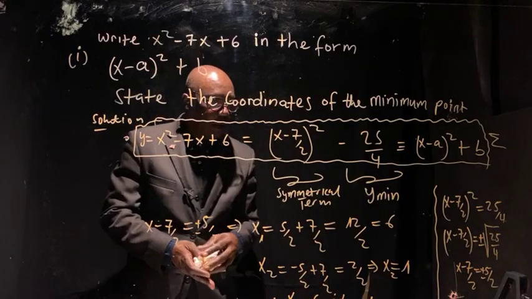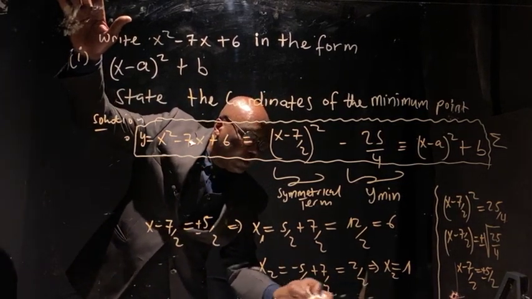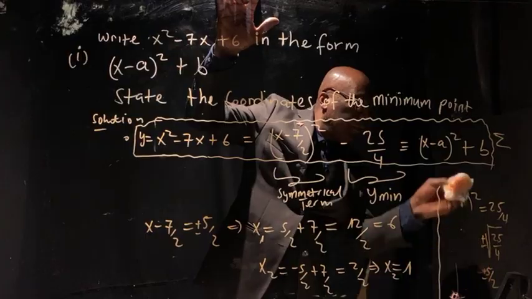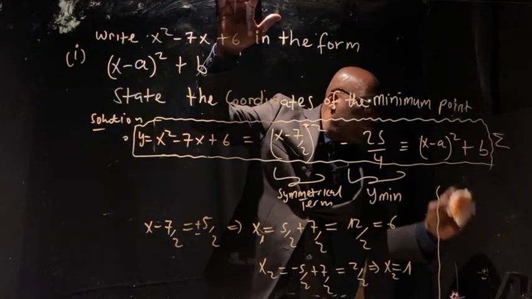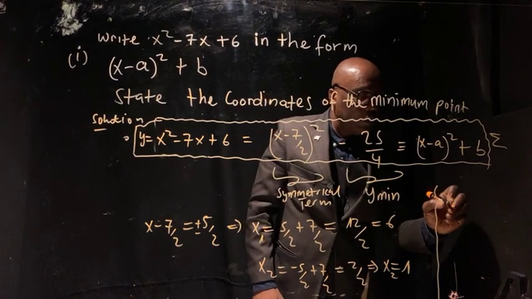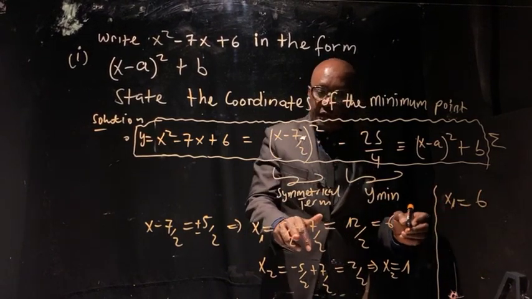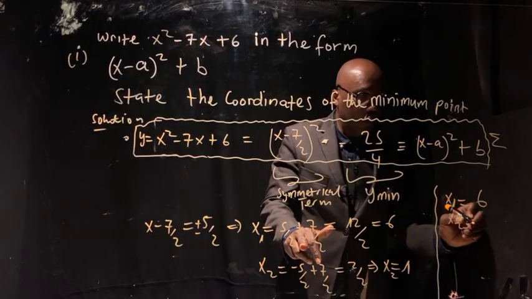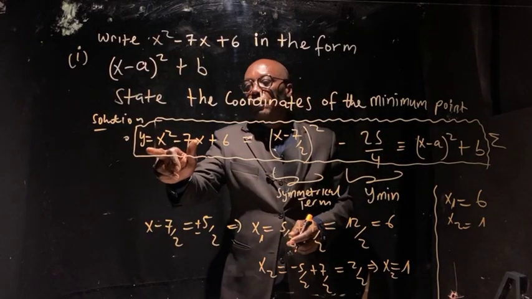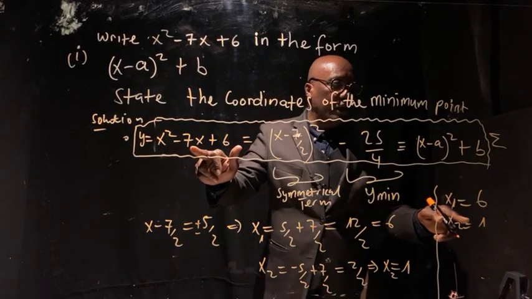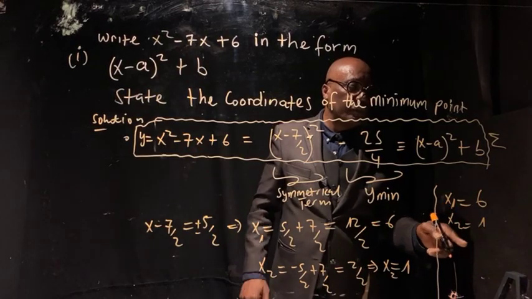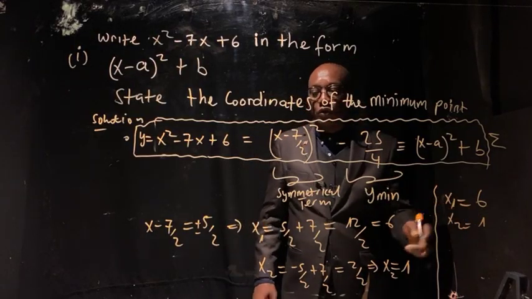So I'll continue from the other side. We find that x1 equals 6, while x2 equals 1, which implies this curve will pass where x equals 6 and x equals 1. x1 equals 6 and x2 equals 1.